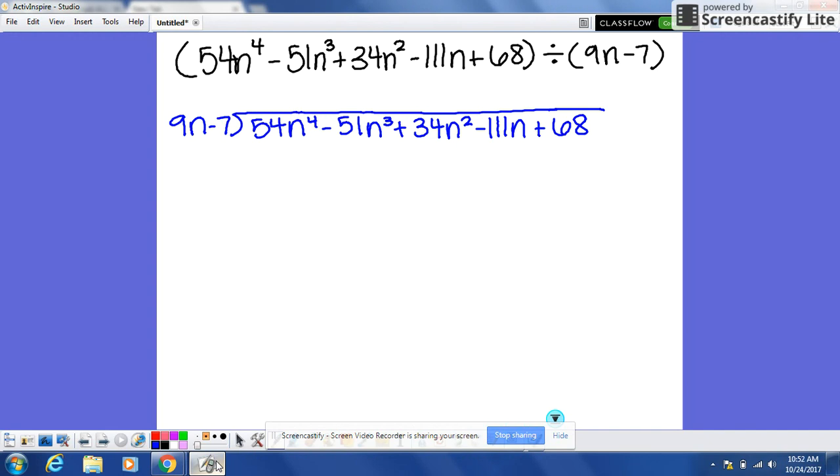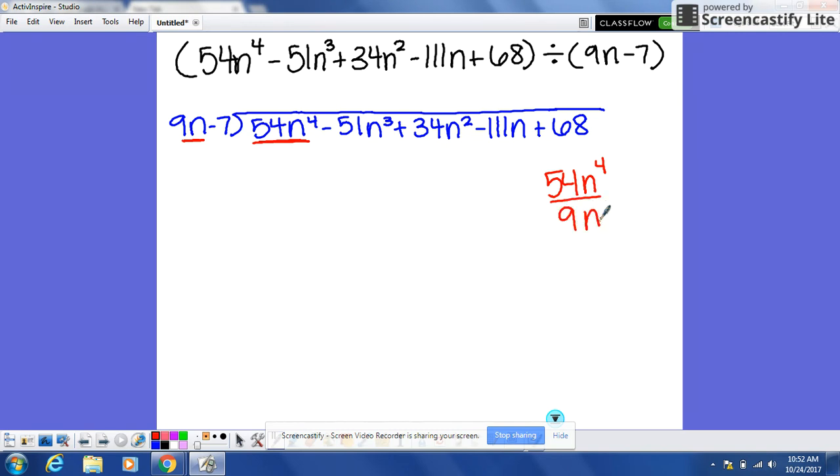So still starting out with that first term. So we're looking at 9n, and we're dividing it into 54n to the 4th. If it helps you, you can write it off to the side. So you're doing 54n to the 4th divided by 9n.